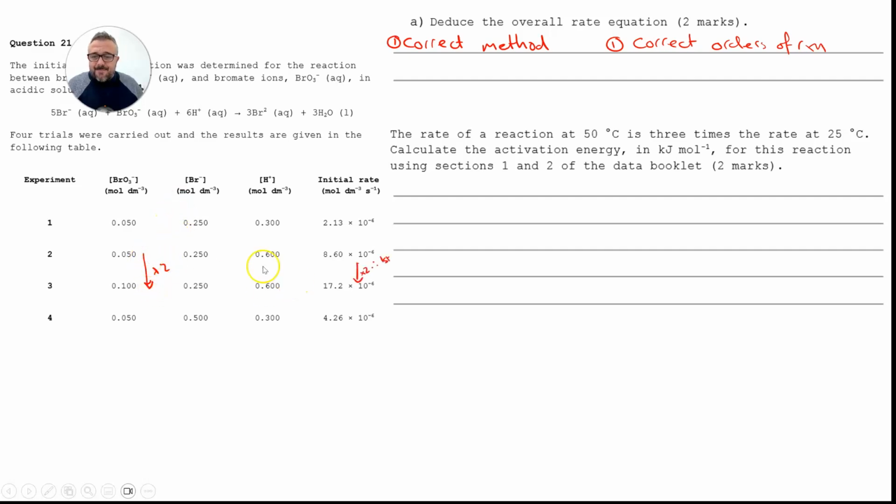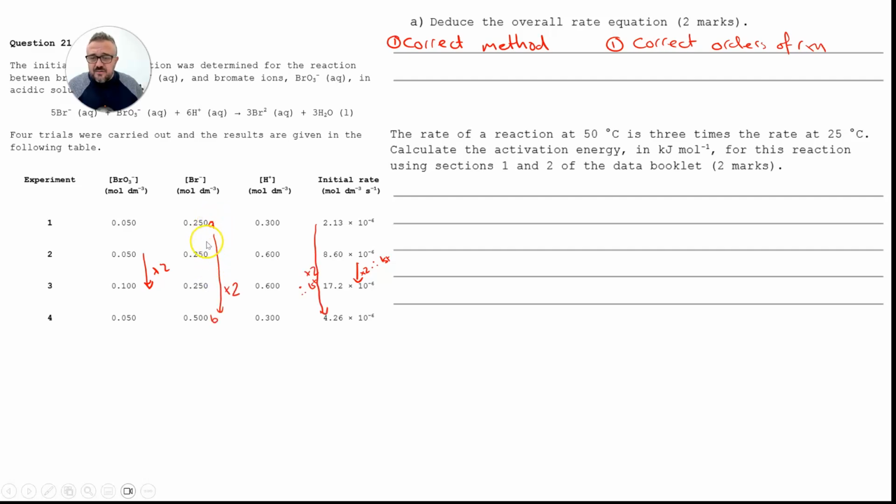All right, so if we look at bromate, if we keep bromide constant and we keep the hydrogen constant, and we double this concentration, we see that the initial rate doubles, okay, that makes it first order.